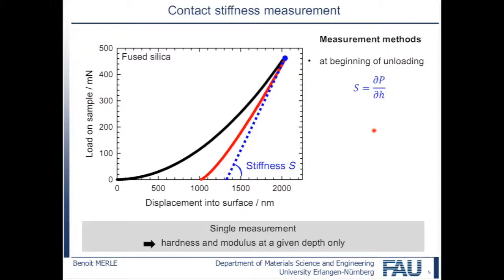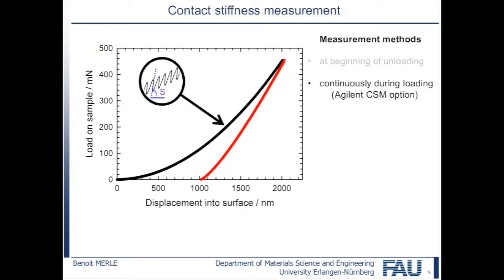If you want to get further values at different depths, you have to perform further loadings with multiple partial unloadings, or you have to use the CSM option that Agilent introduced some 20 years ago.